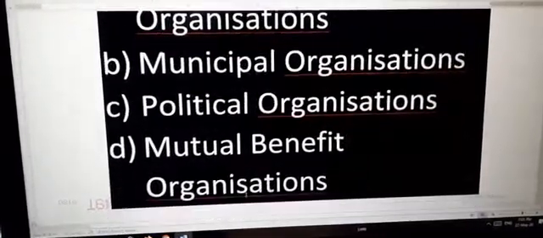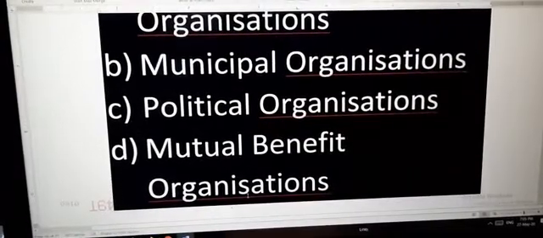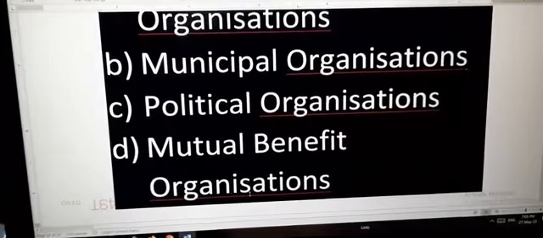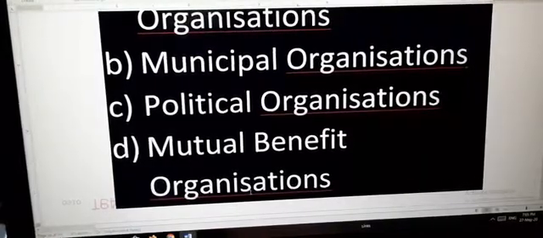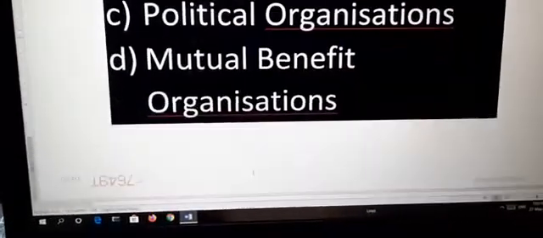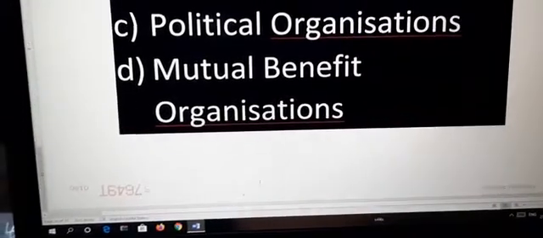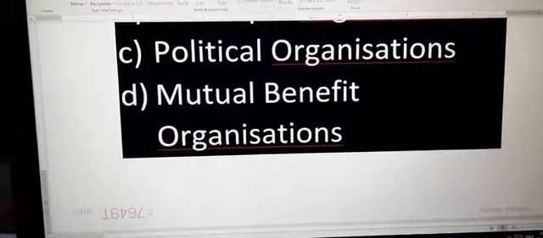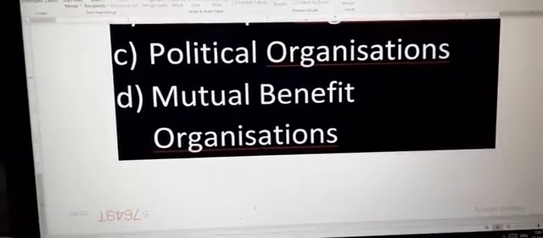Next is Municipal Organization. Municipal organizations are formed for providing water, electricity, sanitation and other essential services to the public. Next is Political Organization. These organizations are formed for protecting and promoting the political interest of their members.